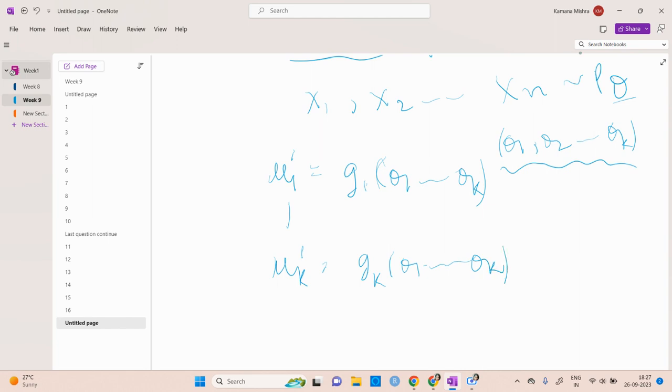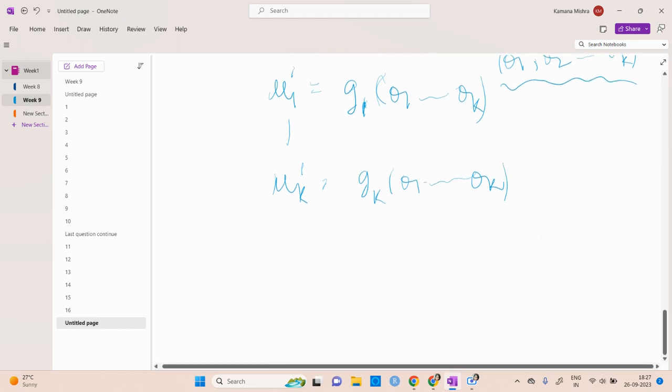These are nothing but functions. If you have, let's say, a normal distribution, you have mu and sigma square, so this is some function of mu and sigma square, this is also some function of mu and sigma square, and these are the moments.